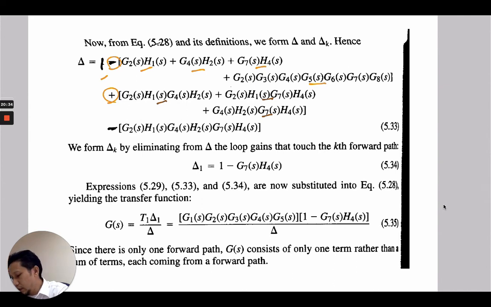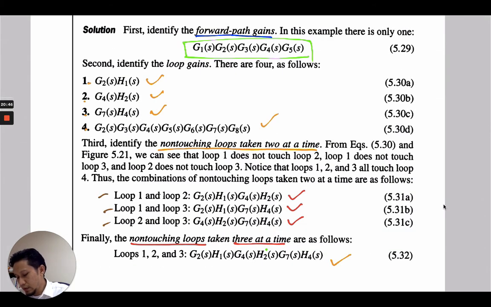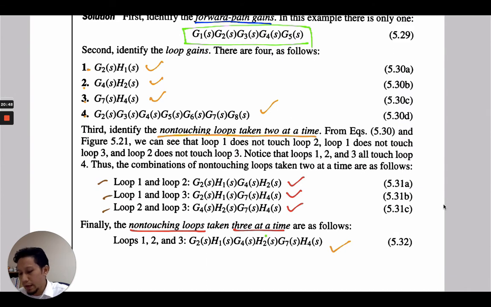And finally, minus 3 non-touching loops at a time. We only have 1 set of non-touching loops taken 3 at a time over here.